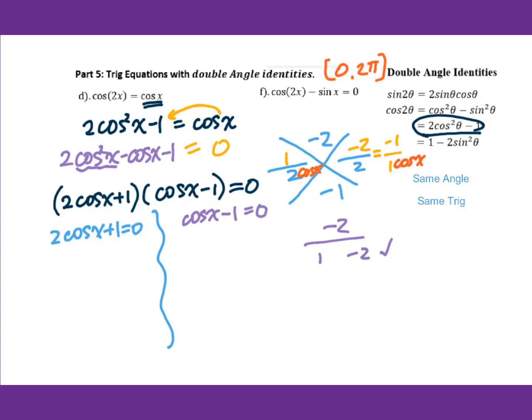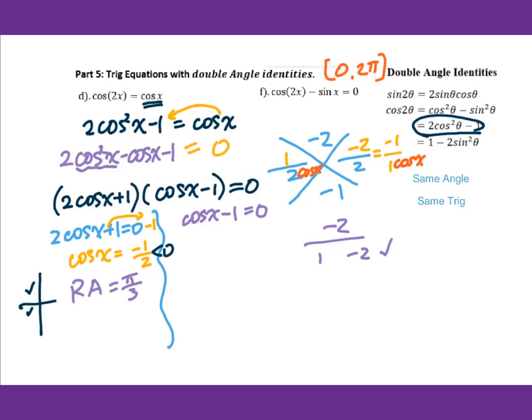We go to linear pattern equation this time. Minus 1 divided by 2. So we got cosine x equals negative 1 over 2. Reference angle, that's pi over 3. Go to which quadrant? That's less than 0, so second and then the third.